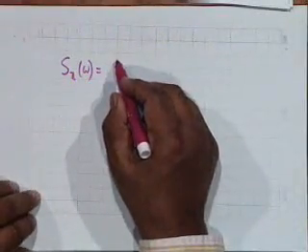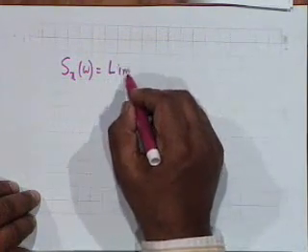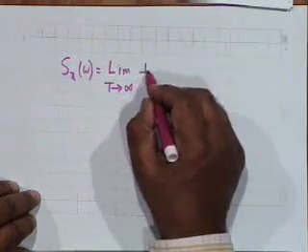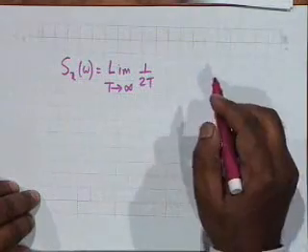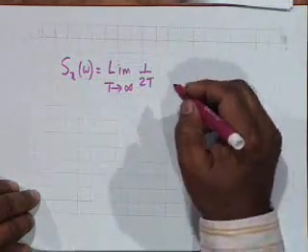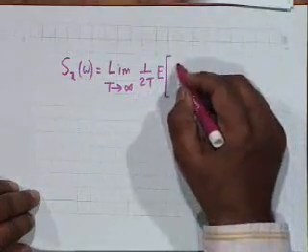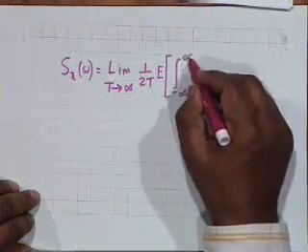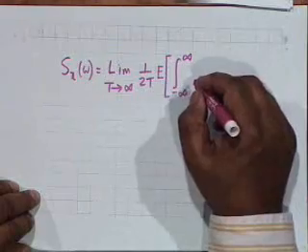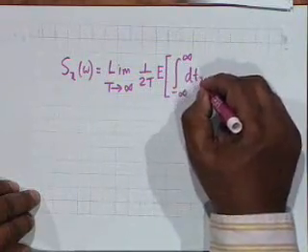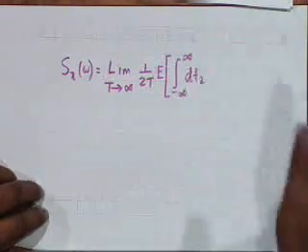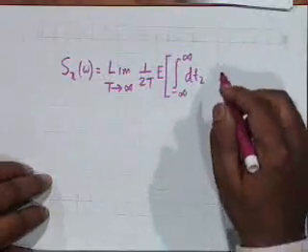I write this as limit t tends to infinity 1 by 2t, then what I do is, alright, let me keep the expectation sign still, integral minus infinity to infinity, let us first write t2 dt2, alright, the order of integration can be interchanged whatever way you like.